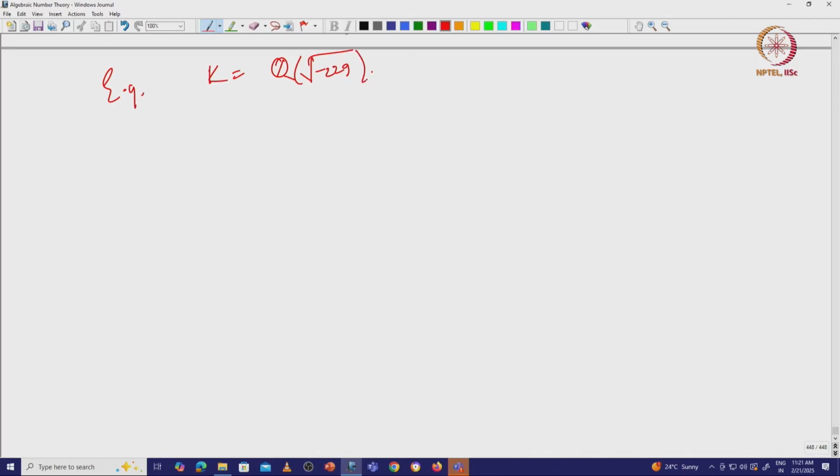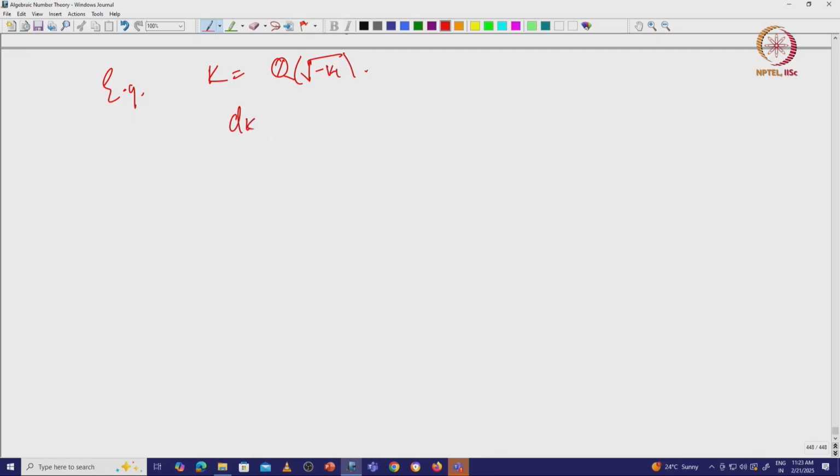This is the first time where you can have two possible choices for what the group could be. Let me do another one, not this one: square root of minus 14.